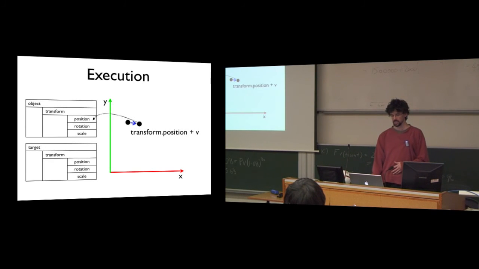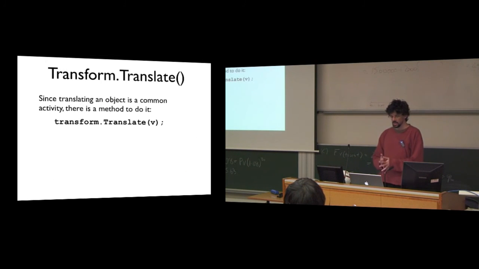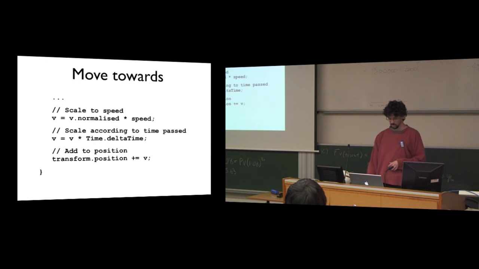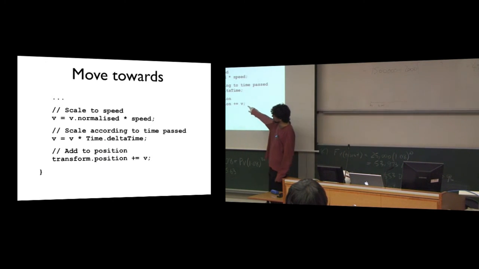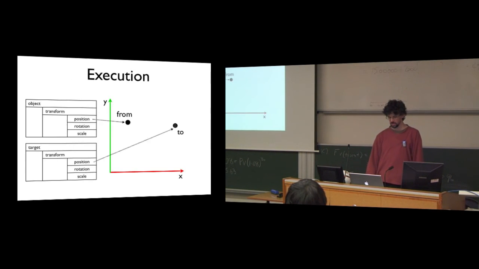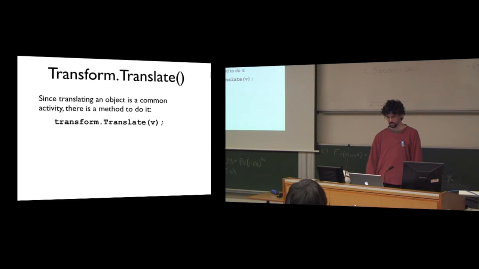Now, since translating is a very common thing to do, there's also a shorthand for that, plus equals. So here I've written a shorter version of it. Transform plus equals v. Before I had transform equals transform plus v. An even shorter version, which saves you slightly more characters if you really want to be concise, is translate v.